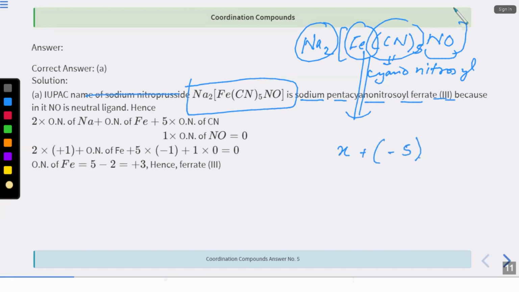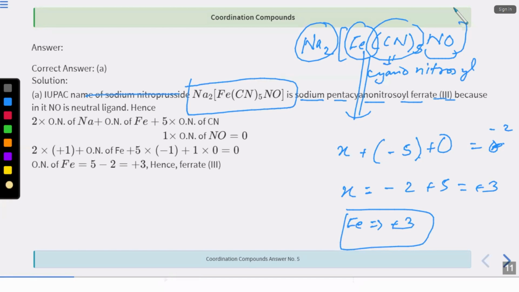And NO would be +2, so it would become 0. -2, sorry. NO would be 0, sorry. Nitrosyl is 0. So X equals -2 plus 5, that is +3. So the oxidation state of Fe is +3. Okay, that's why we are taking 3 here.